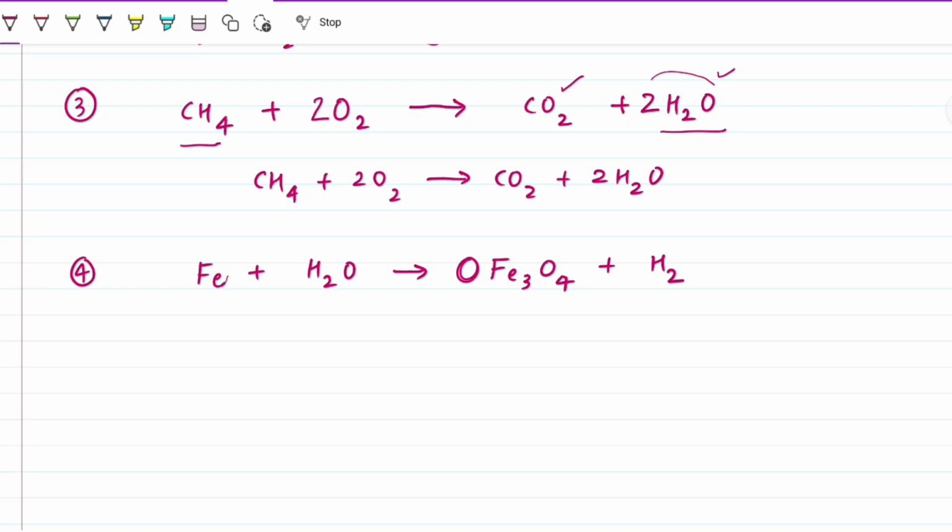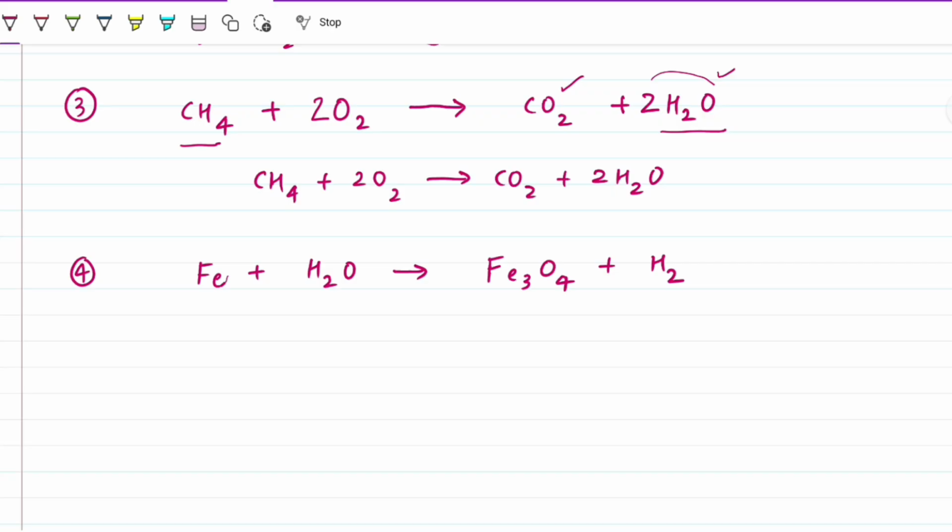Always remember that. You cannot change that number because it will change the entire molecular formula. So what I can write is Fe3O4 plus H2. Now let us balance this equation.